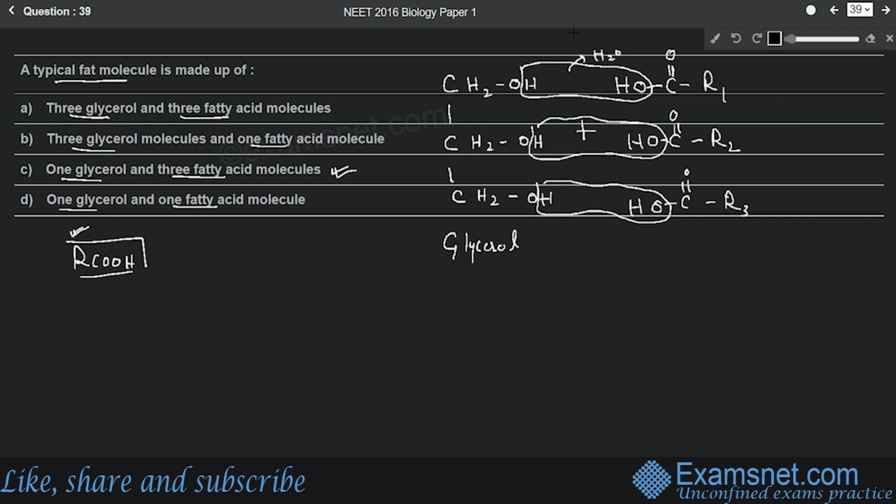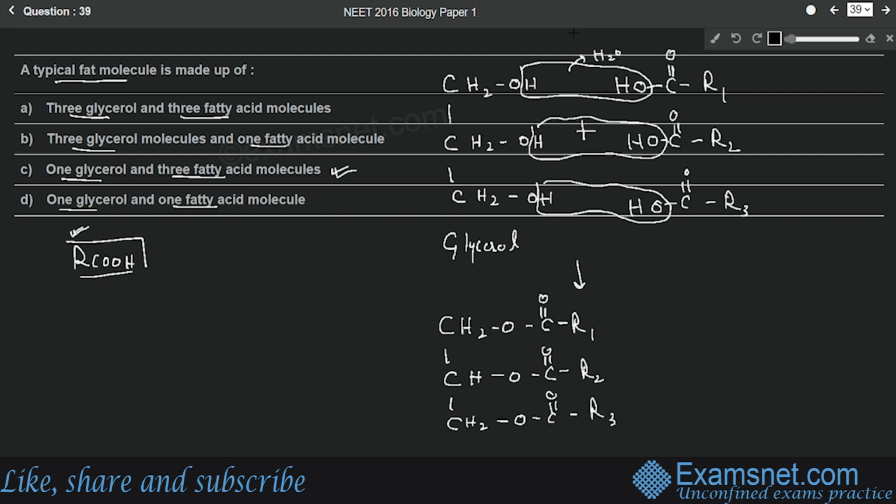So what will be formed here? Let's see. This side we have CH2O, right? And from the fatty acid, what is left? C double bond O and R. Okay. Here we have CHO, C double bond O, R2 there. And here again CH2O, C double bond O, R3.